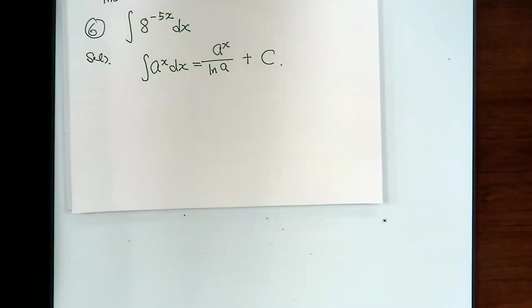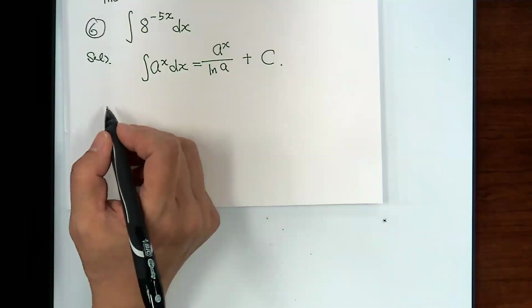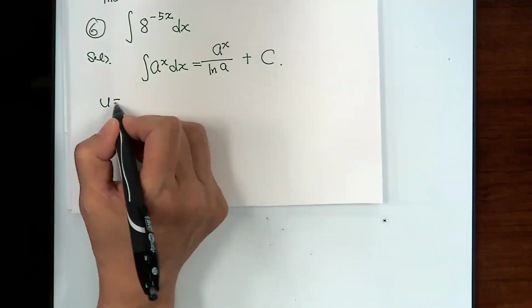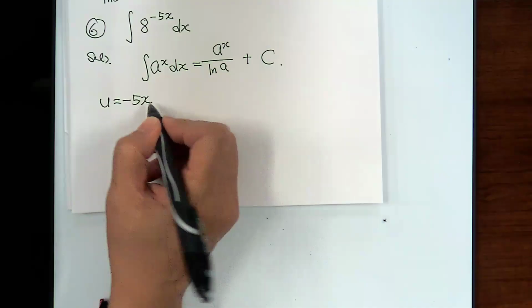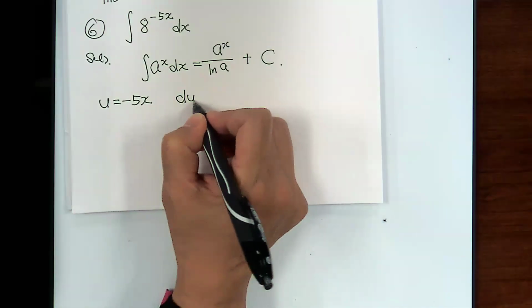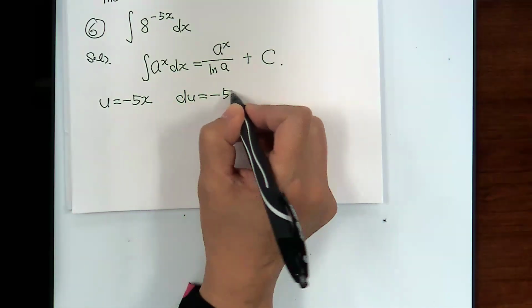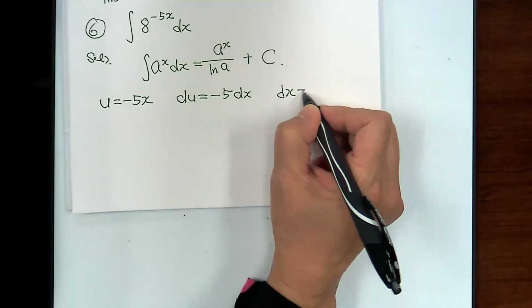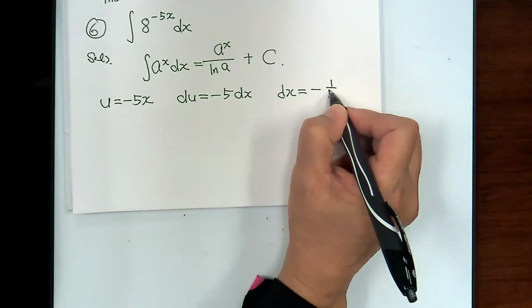The power is x, but in the problem the power is minus 5x, so we have to handle it. So u equals minus 5x, and then du equals minus 5 dx. So dx is minus 1 over 5 du.